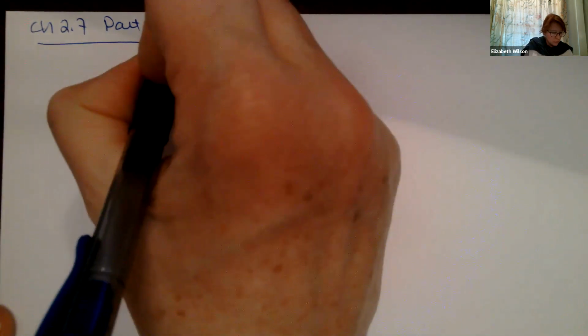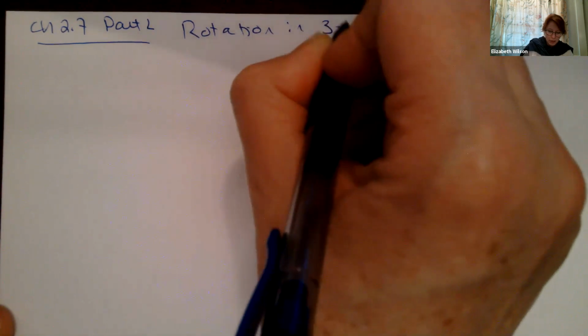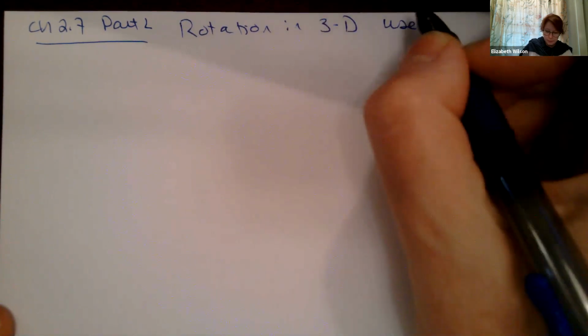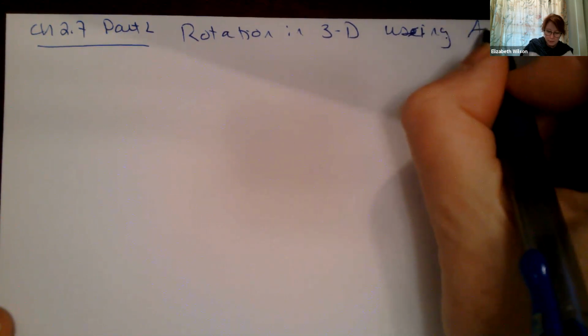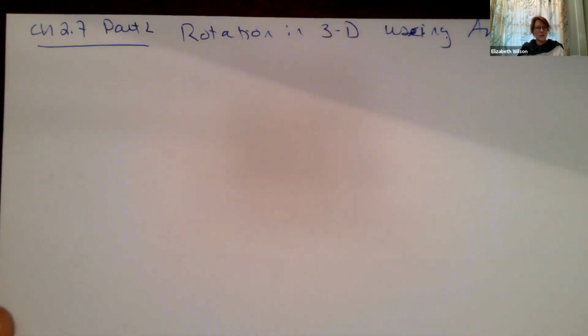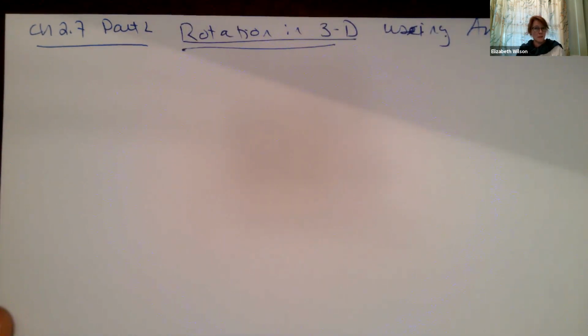Okay, so we're still doing rotations in 3D, and we're going to use angles. These are the Euler angles that we had talked about before. Okay, so this is like the long method where I said this one is computationally more expensive.